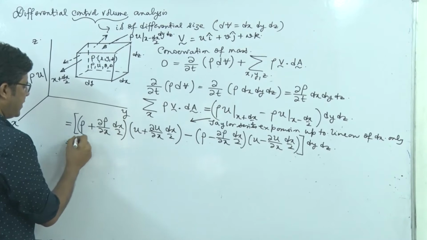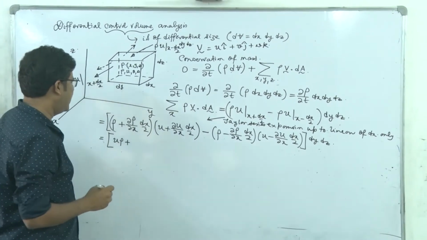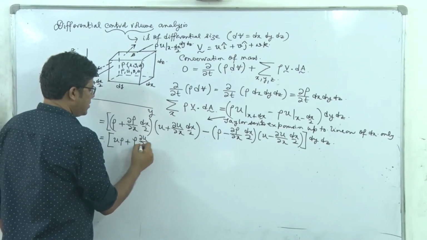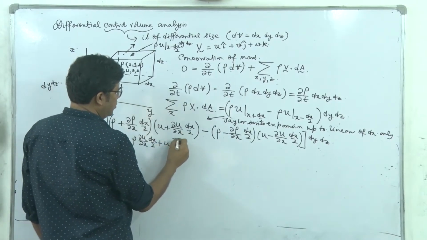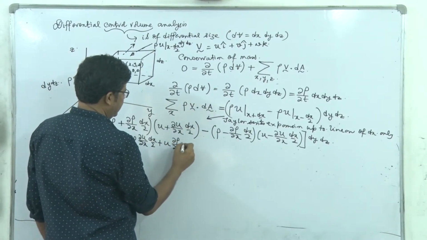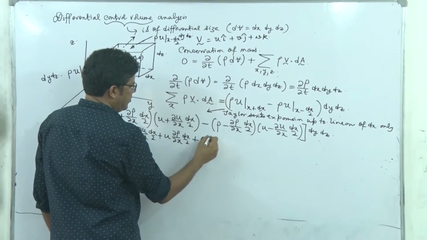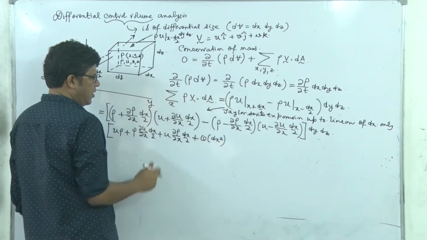If you expand, you will get u into rho plus rho into del u del x into dx by 2 plus u into del rho del x into dx by 2. Then there will be a term of order dx square, which we neglect.